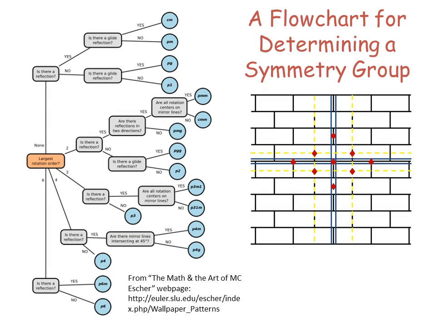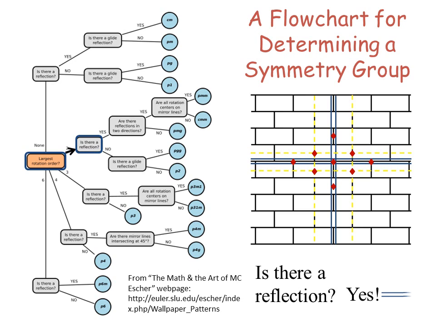There is also a flowchart for determining a symmetry group for a wallpaper pattern. Let's apply this to the brick pattern. The largest order of rotation? We know that the brick pattern has only order 2 rotations, which are indicated by the red diamonds. Is there a reflection? Yes, there is, for example, a horizontal axis of reflection.